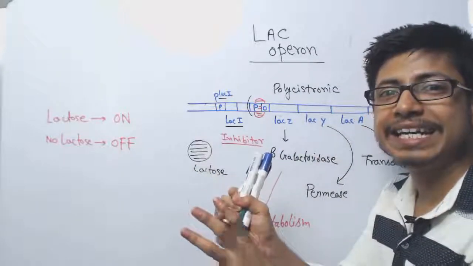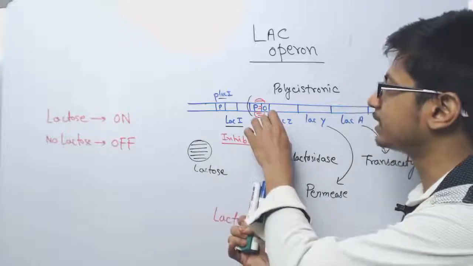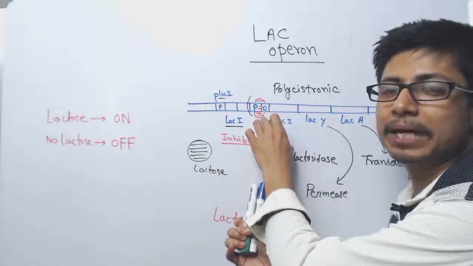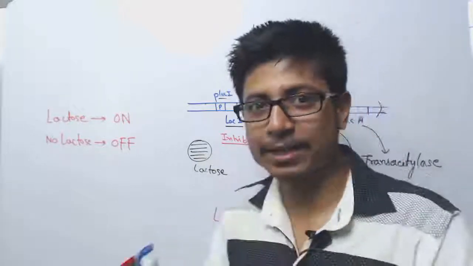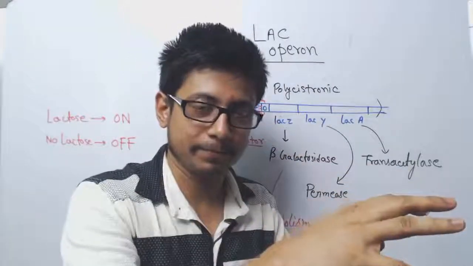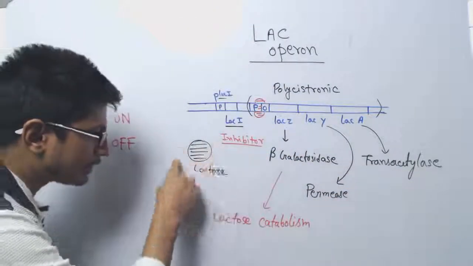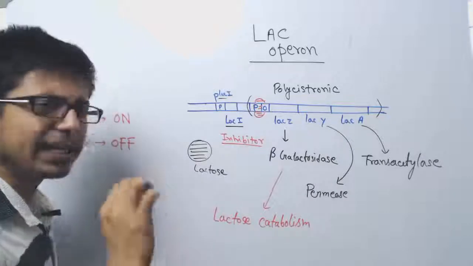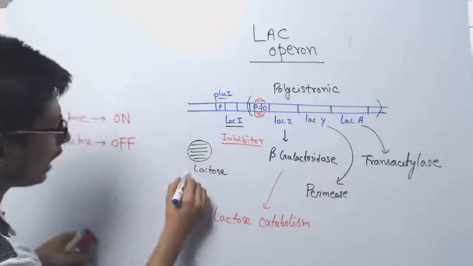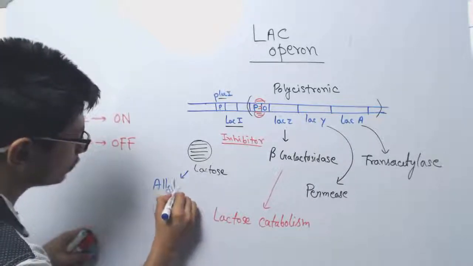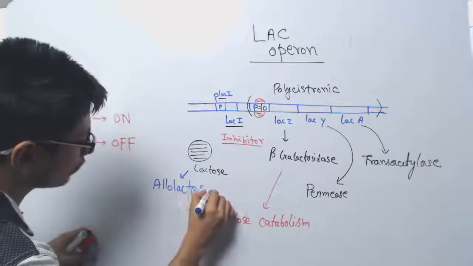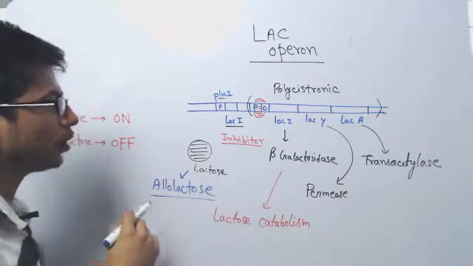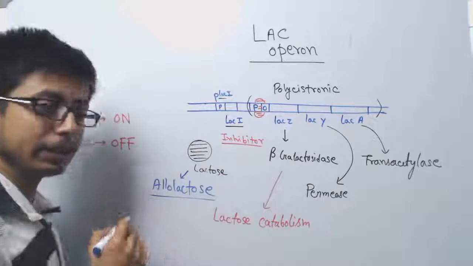As a result, it loses its capacity to attach to the promoter element. Not exactly lactose, but lactose is slightly modified chemically and converted into allolactose, and that allolactose molecule can go and bind with the inhibitor.